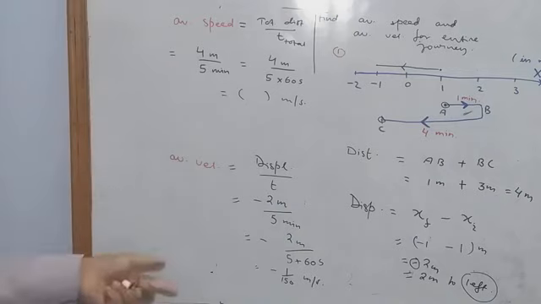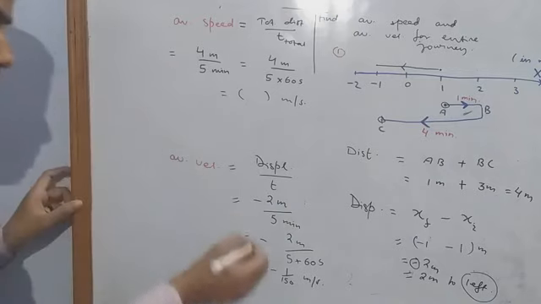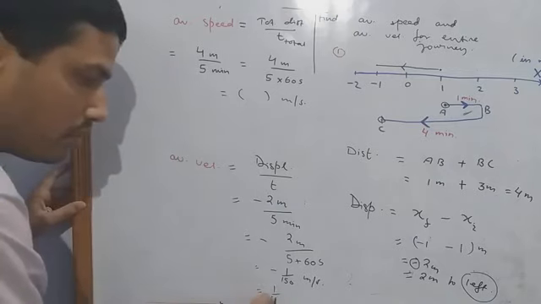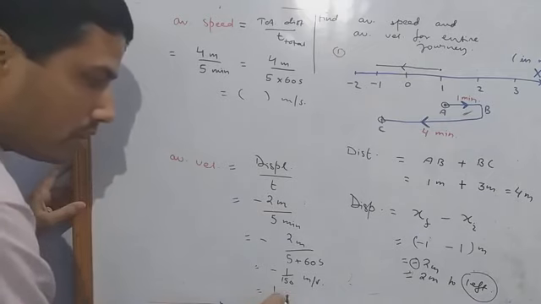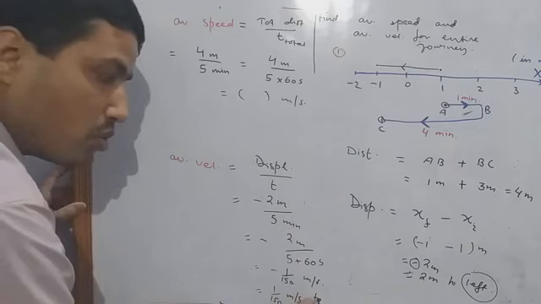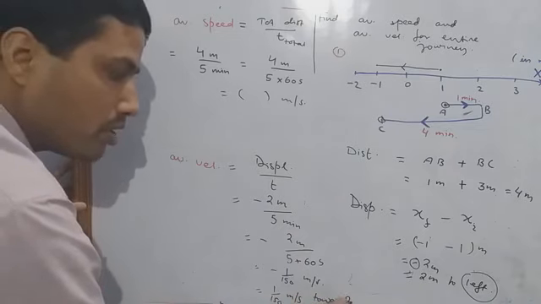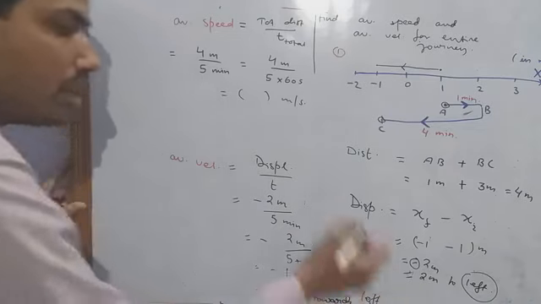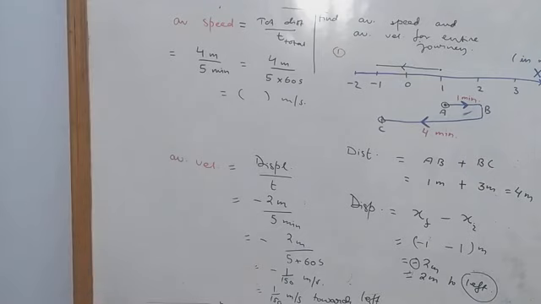You can add one line: this means its value, the average velocity, is 1 upon 150 meters per second towards, where, students? Towards left. If you get a positive value of average velocity, you can write that it has direction towards right. So this is one example for discussing distance, displacement, average speed and average velocity.